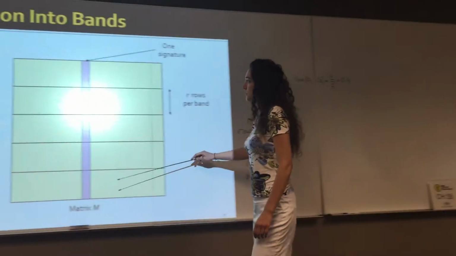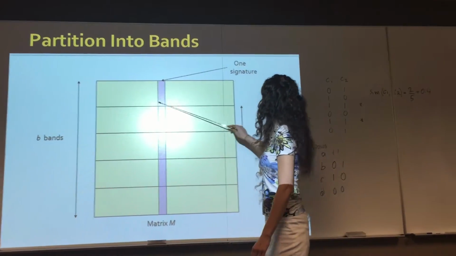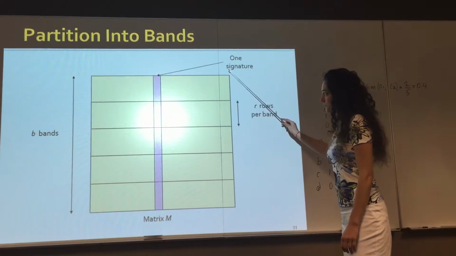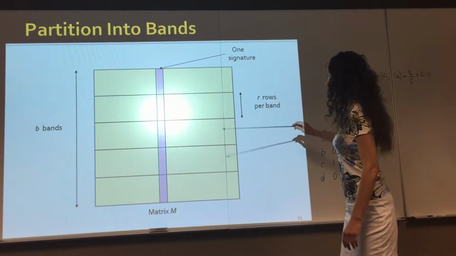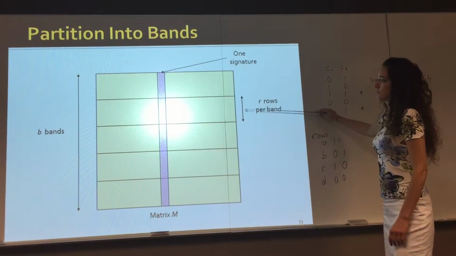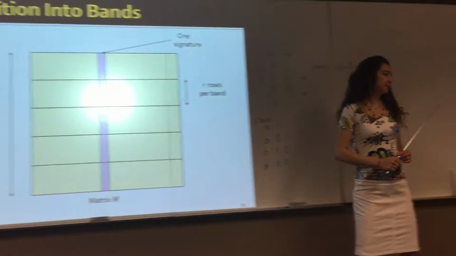We divide the rows into bands, and let's say this is one band, and there is one signature that corresponds to all the items in this band. There could be a number of rows in a particular band.